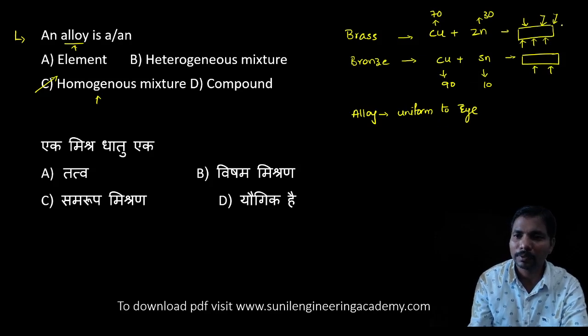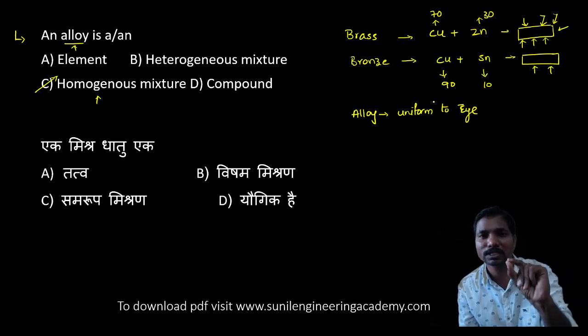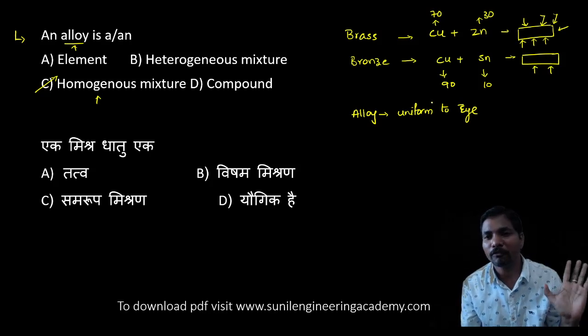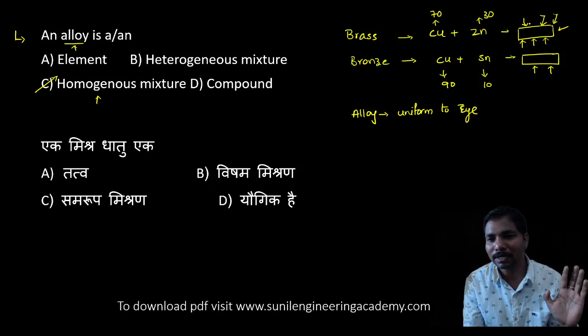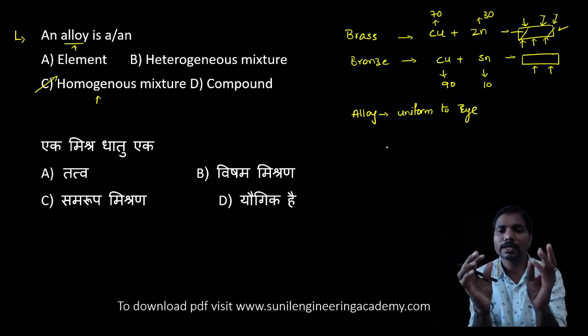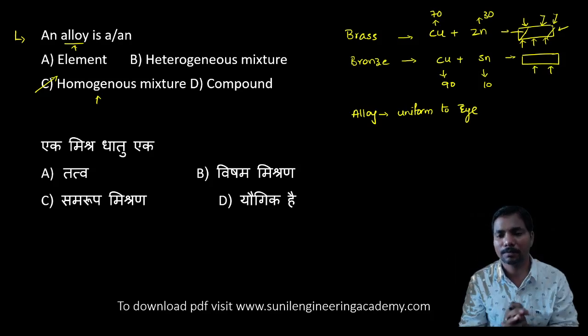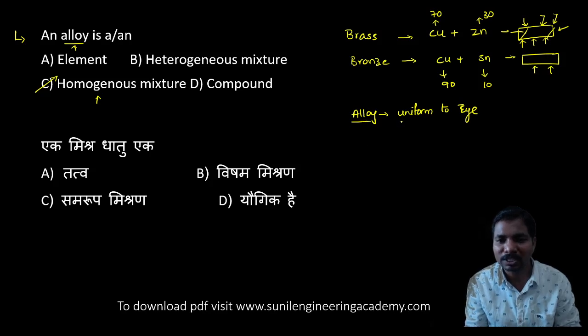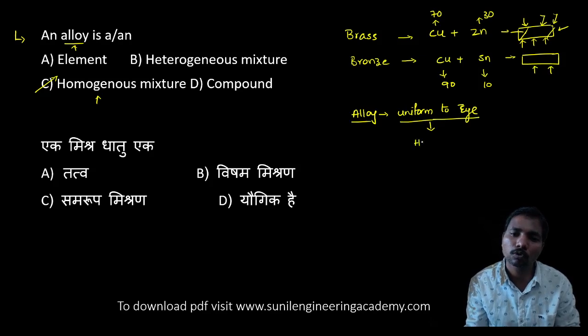You may not identify by just watching which part is copper and which part is zinc. It looks like a single element, a single mixture, uniform to the eye. So whenever the mixtures are uniform to the eye, those are homogeneous.